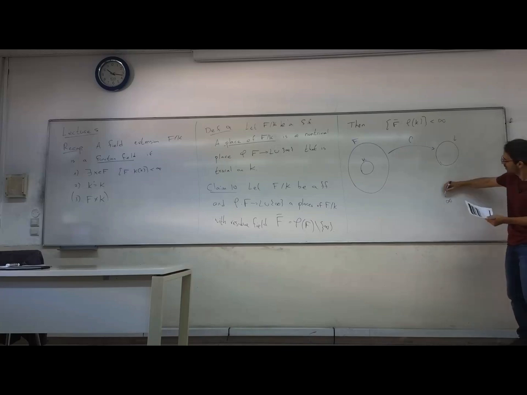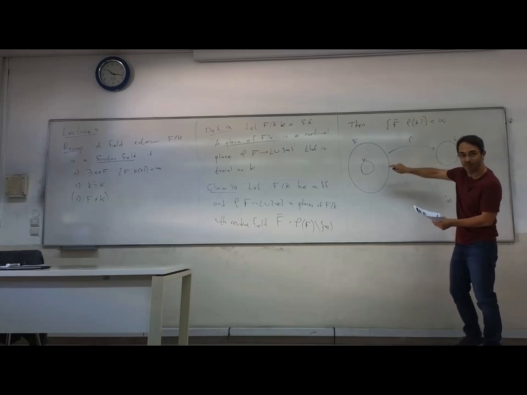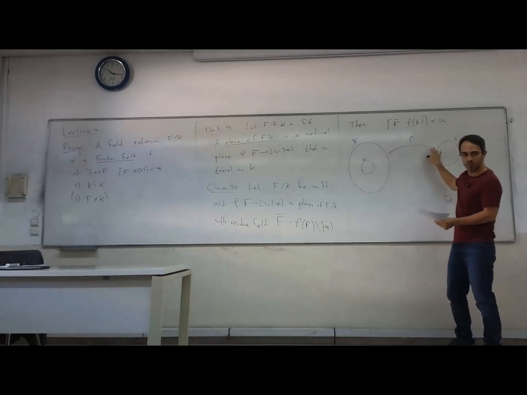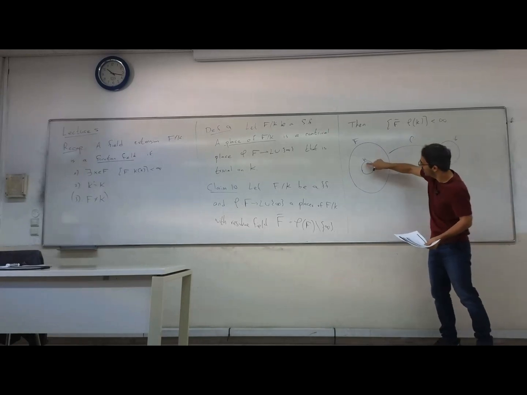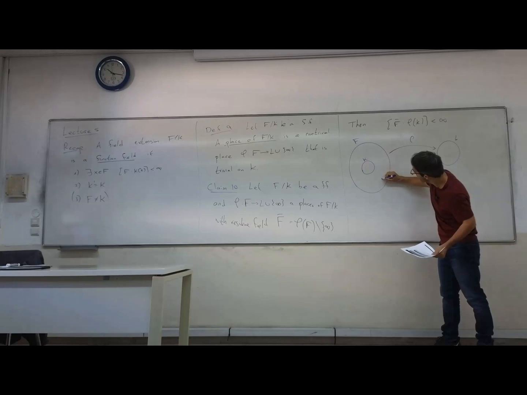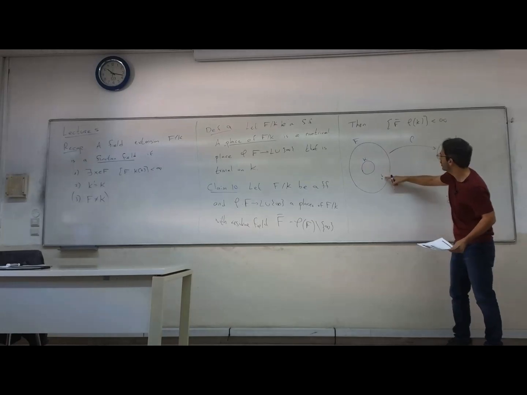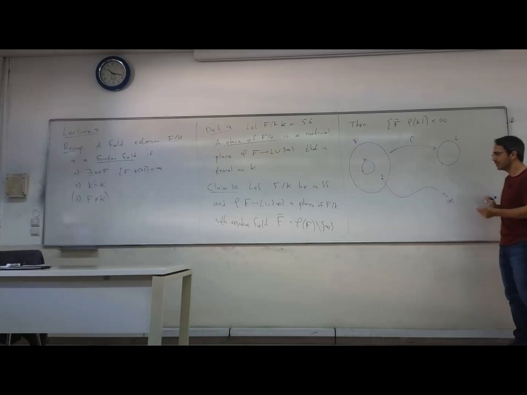All singularities here are poles. So what do we know? We know that P is non-trivial on F, so at least one element goes to infinity, but it is trivial on K, so that element is not here, it's somewhere here. At least one function has a pole at that point. So that goes here.